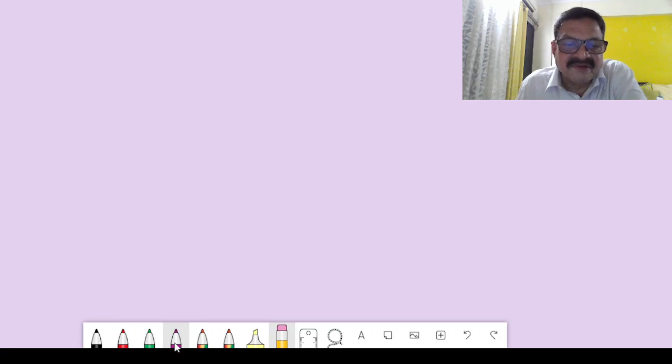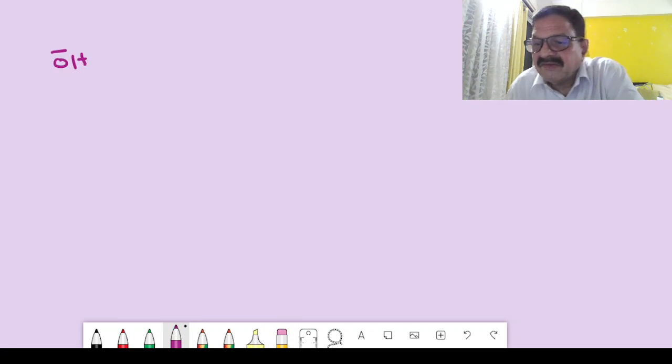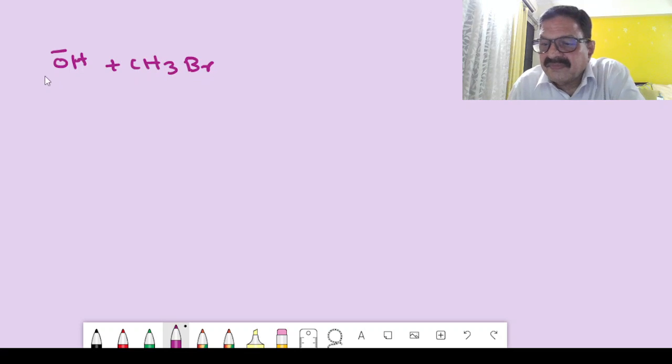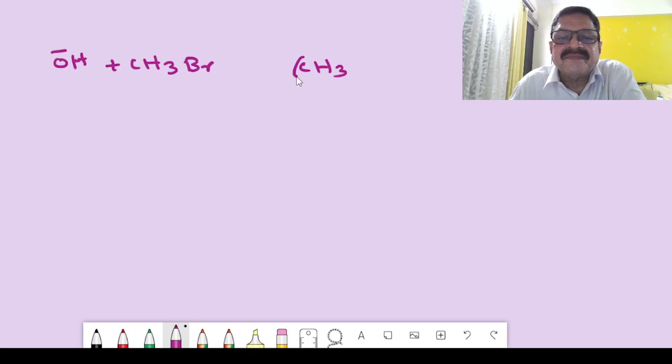Consider a reaction where OH minus, a nucleophile, is reacting with two different types of alkyl halides: CH3Br and another alkyl halide. So what will be the nature of the transition state here? That is what we have to see now.